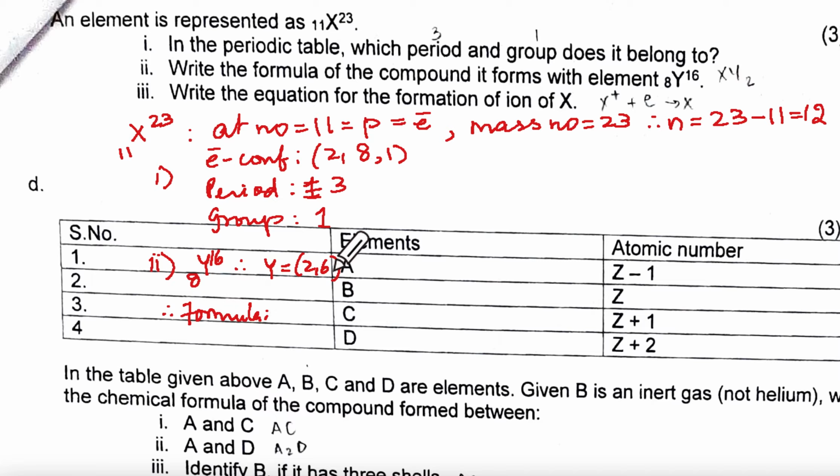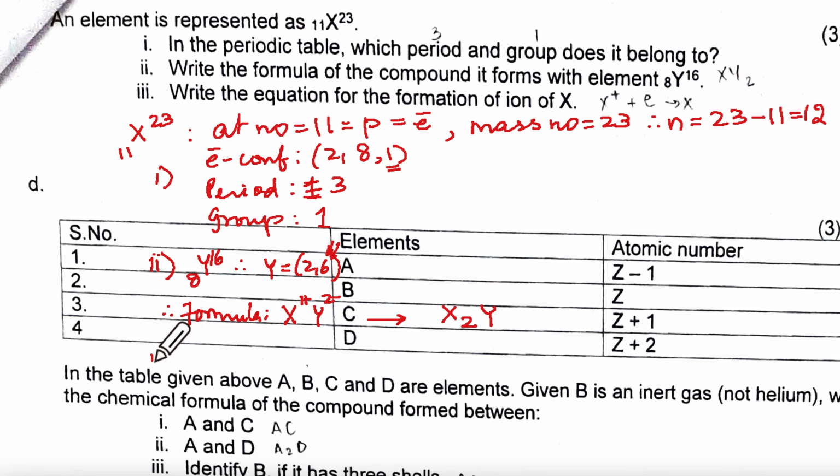Now oxygen is a non-metal and this is a metal. Can you see that? So your X will be 1 plus and Y is oxygen will be 2 minus, correct? Because 6 electrons here, it will gain 2 electrons. So it will become 2 minus. So what is the formula? Tell me. X2Y. Understanding?